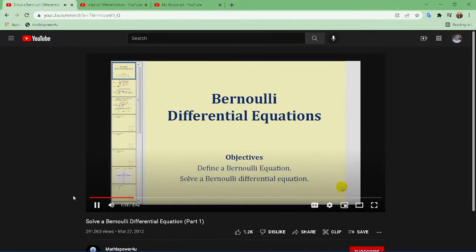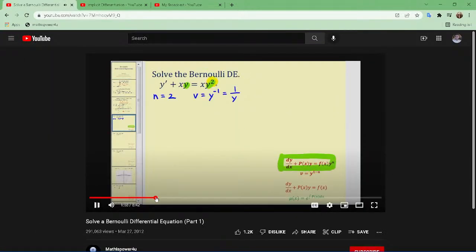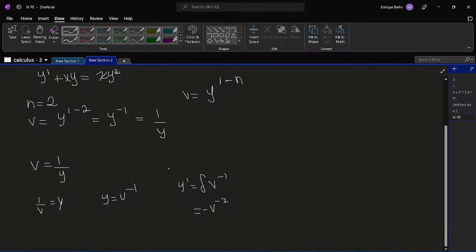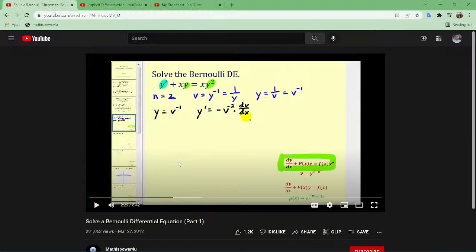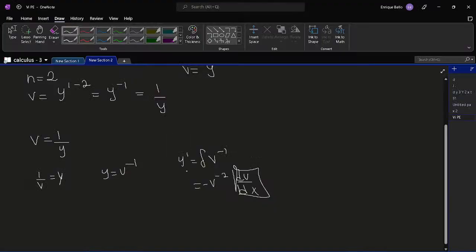So if n here and here, again, we'll have to perform implicit differentiation because we want the derivative in terms of dv over dx. So dv over dx. Can I get the dv over dx now? I guess he's taking the dy, right?